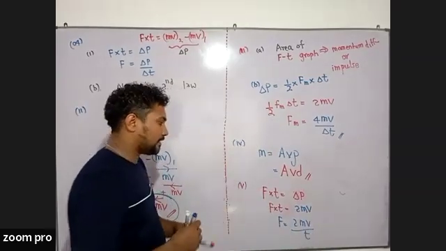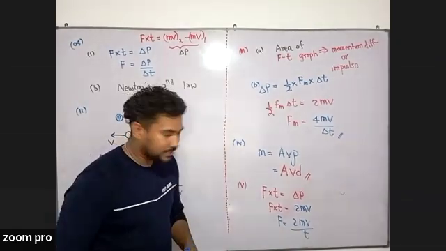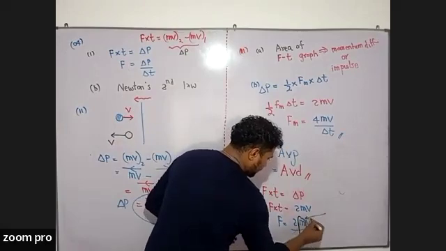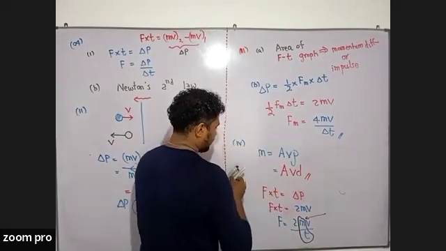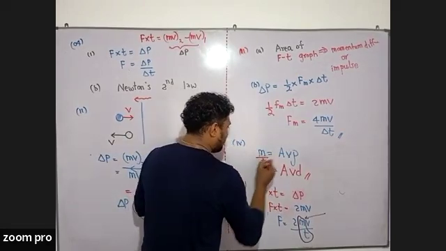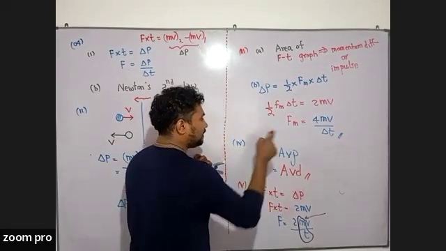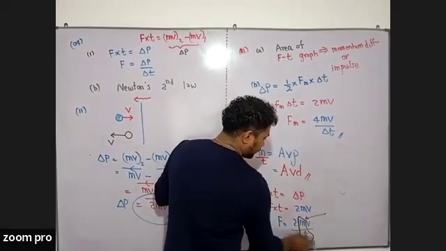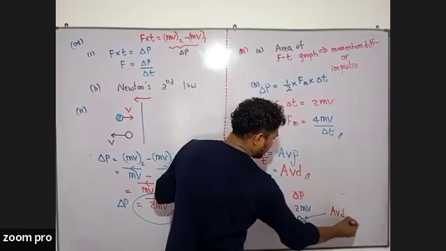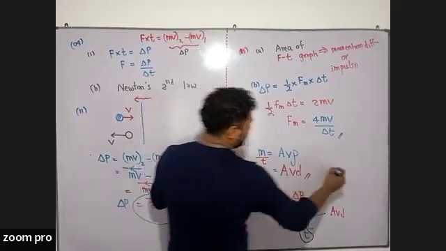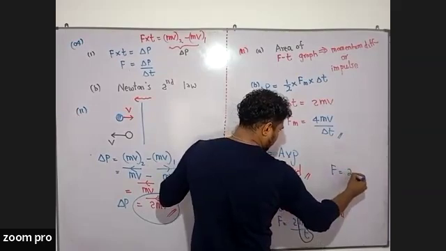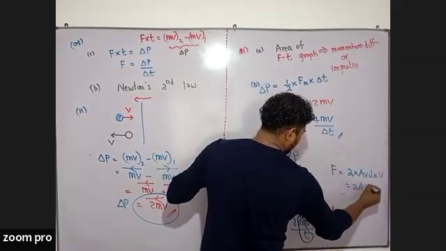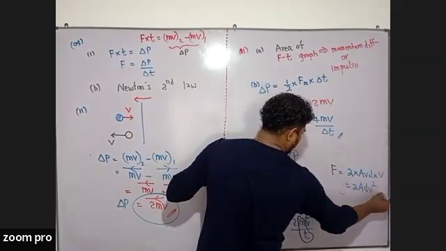So this is the equation which gives the force. But you should know that m over t can be given by using this equation. Keep in mind that this is the mass of the air which collides with the surface in unit time. So instead of m over t, we can substitute A v rho. So the force should be written as 2 into A v rho into v. So this is equation 5.